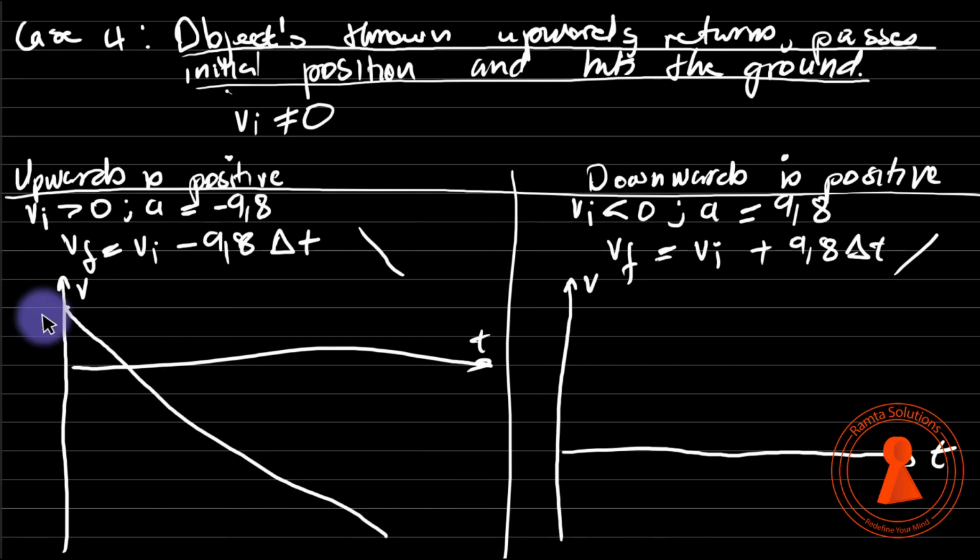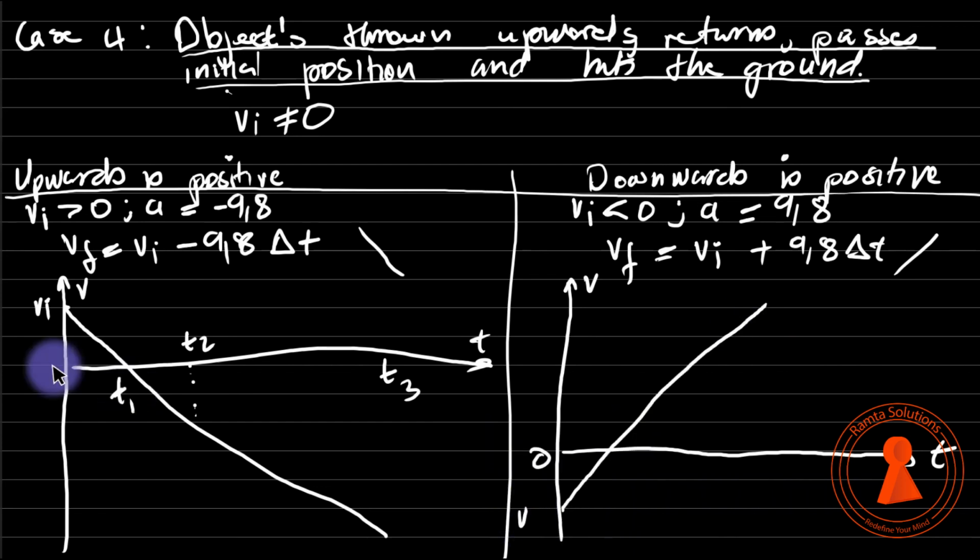I did that deliberately. So this is initial velocity. This is time to reach maximum height, this one here is time to return to initial position, and this one here is time to hit the ground.